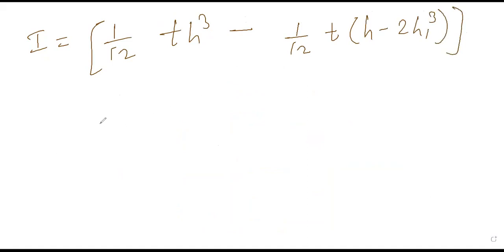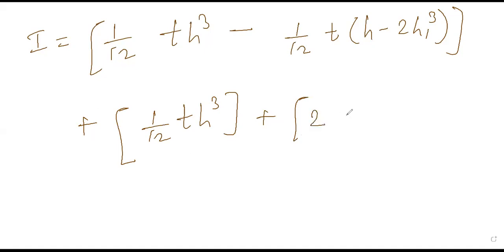This is your I1, plus 1 by 12 T H cube. This is I2, plus I3, which is again 0. So A into H square, that is A into B into T into (H by 2) square.